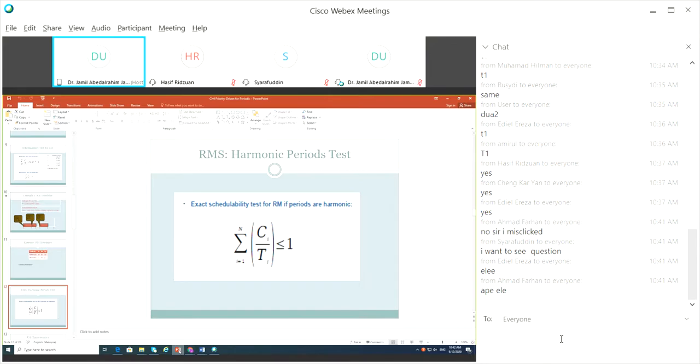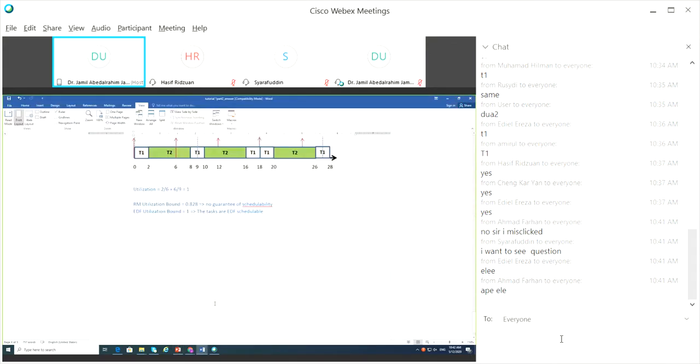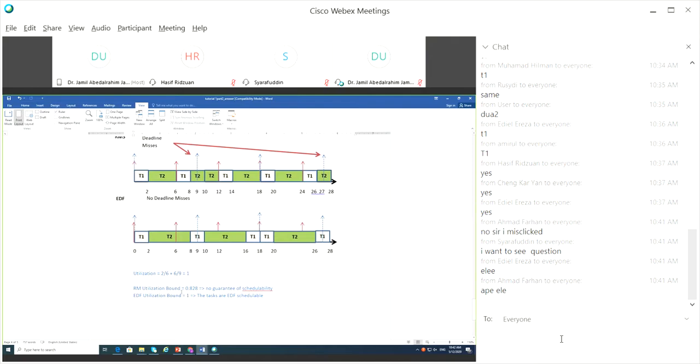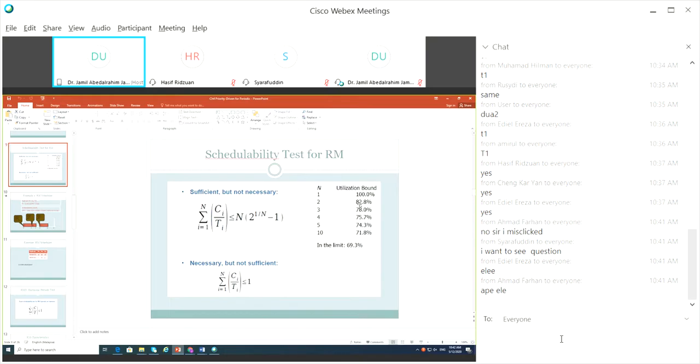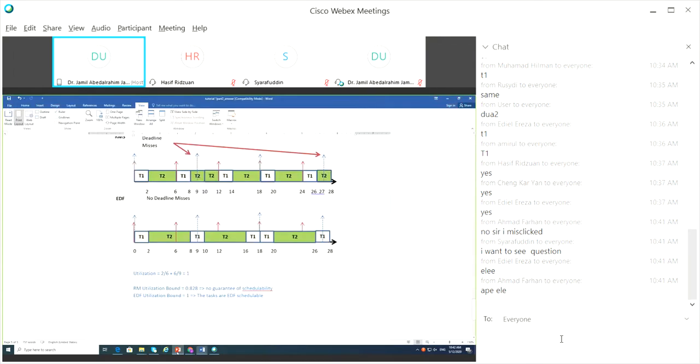So in this case, the utilization is 0.828, but the utilization bound of rate monotonic for two processes is 0.82. So it is more than the utilization bound, so there is no guarantee to schedule.